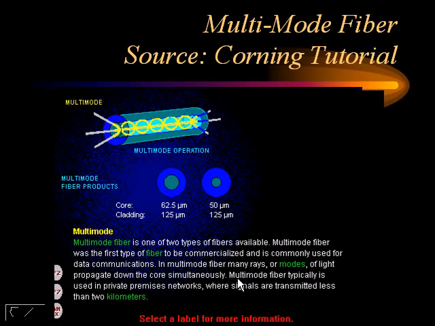Also, in this example, it is stated that multi-mode fibers are typically used in private premises of networks where signals are transmitted in less than 2 kilometers length. In other words, if the transmission is within 2 kilometers, then one would use the multi-mode form of transmission.